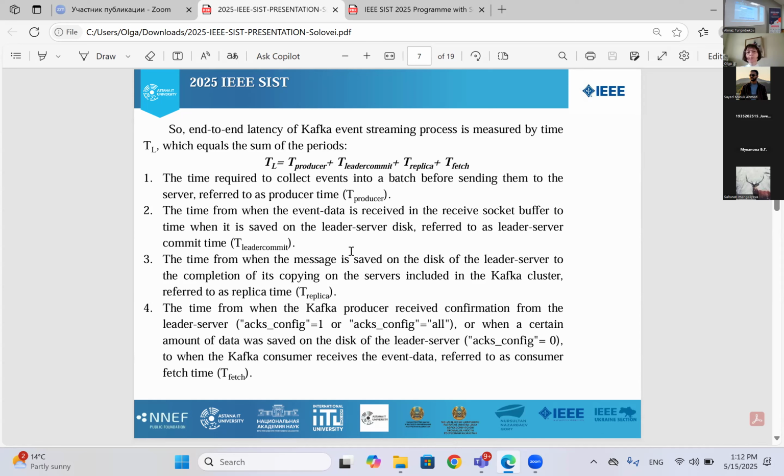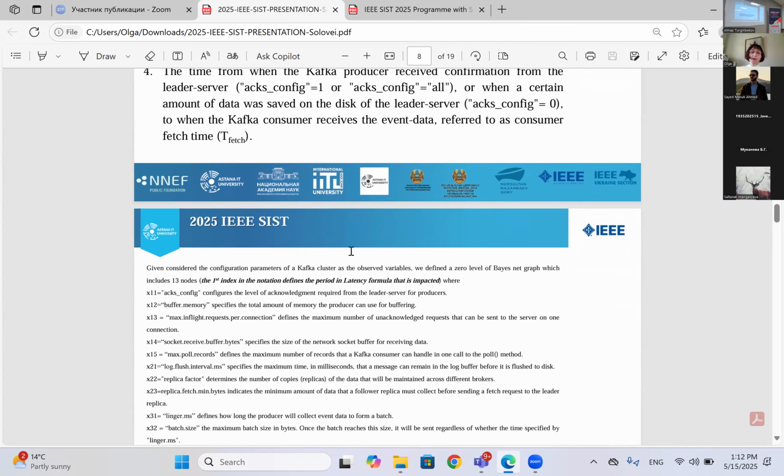Then there is the replication time, from the moment the data is saved on the disk of a server until it is copied to the brokers, the other servers. And finally, the period of time from when the producer receives a confirmation from a server until the data is fetched by the consumer.